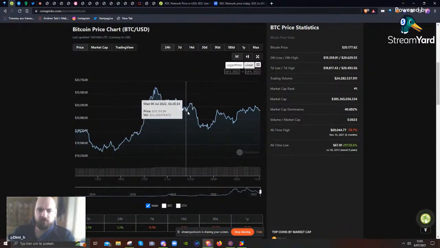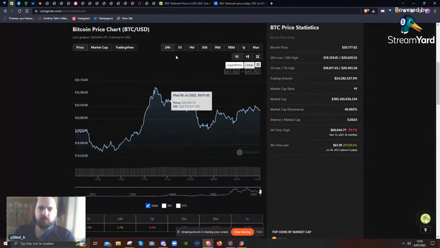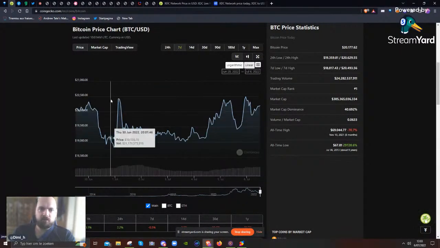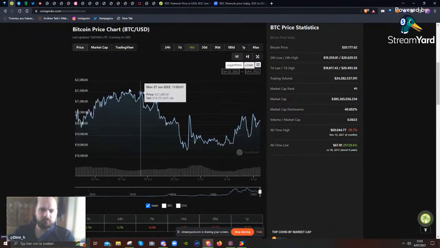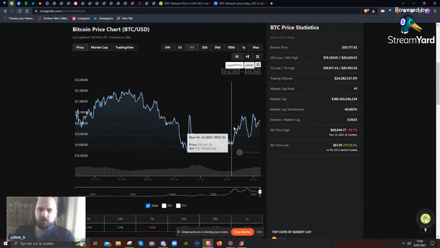Little uptick, but over the last 24 hours, about 12 hours approximately, it's going sideways with a little dip here. 7 days, relatively stable, quite some volatility here. Same here, so little heads up, crash down, up, down, and some relative stability.